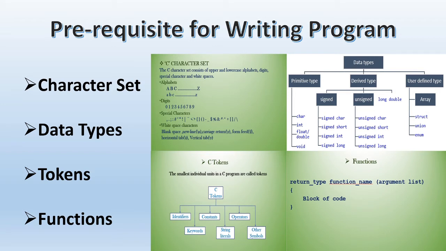And in some cases, when a function wants to convey something to the main, that can also be done using this argument list. So function should be known before writing the program. Its prototype, its declaration, how it works, should be known to the programmer before writing a program.